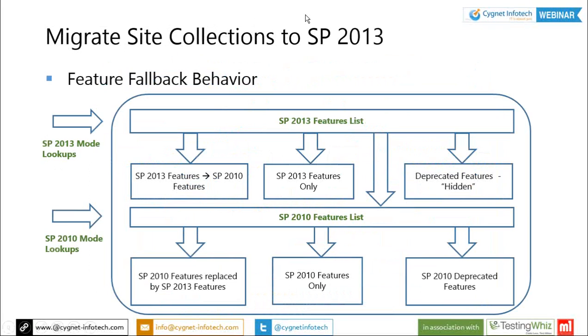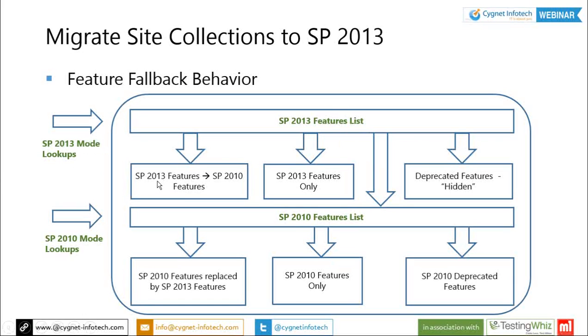Now, as I have mentioned, while doing the deferred site collection upgrade approach, it basically maintains the features as well. Looking at this diagram, I can explain how SharePoint supports both modes. If I have to discuss SP13 mode, when you start activating any feature related to SharePoint 2013, you can have different choices available.